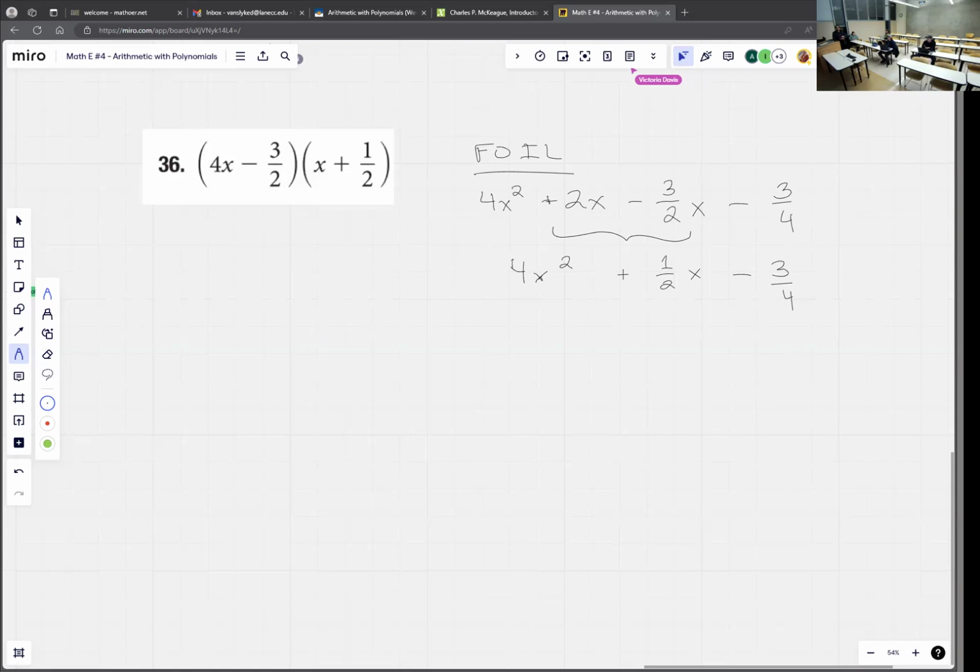Okay, anyone want to see a method other than FOIL? When your place value again? Sure. So I write them one on top of the other, just like we're used to when multiplying numbers.